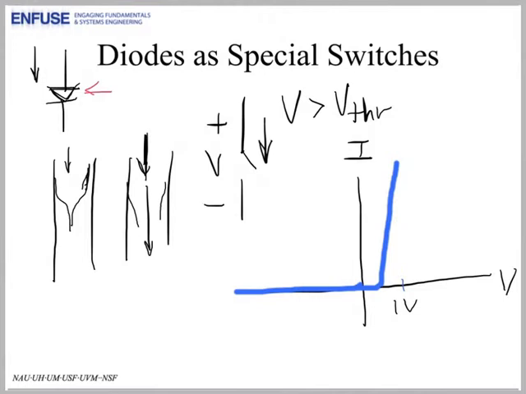So this is the IV curve for the diode, and again the takeaway message is that it doesn't allow current to flow when the voltage across it is negative, but it looks pretty much like a wire with a small voltage drop indicated by this if the voltage becomes positive.